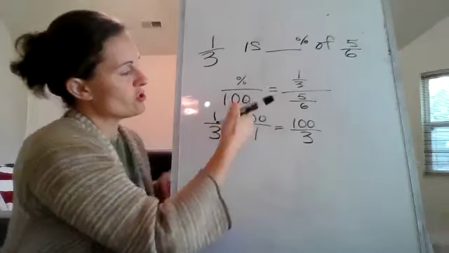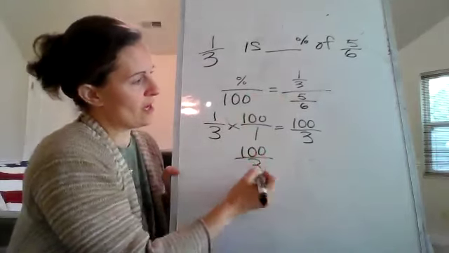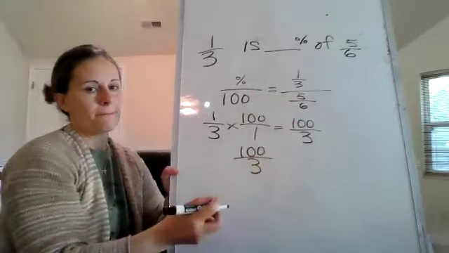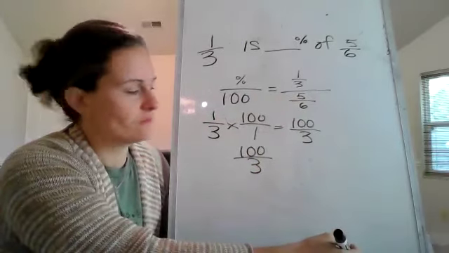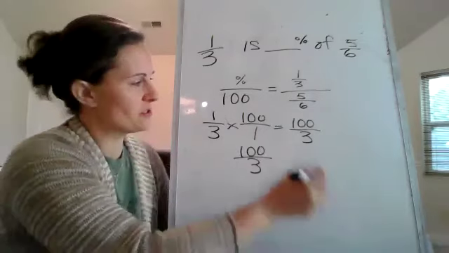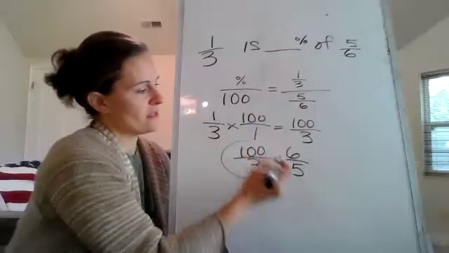So then we'll have 100/3 divided by that other number. So how do we divide by 5/6? Do you remember we flip it? We change the division to multiplication.